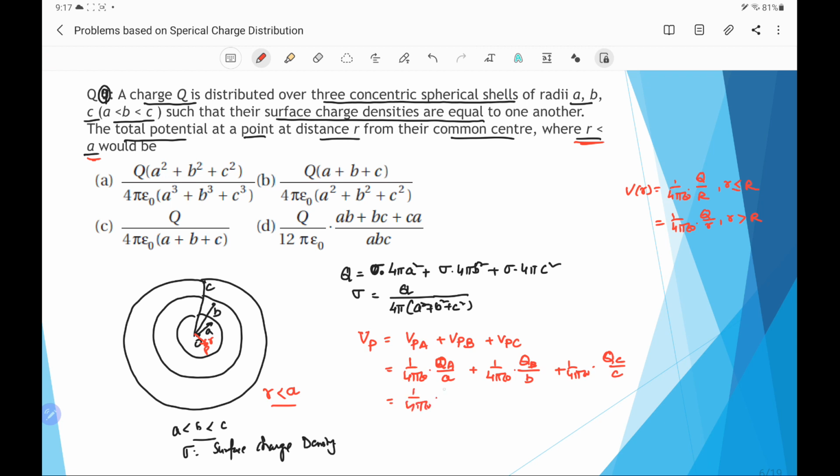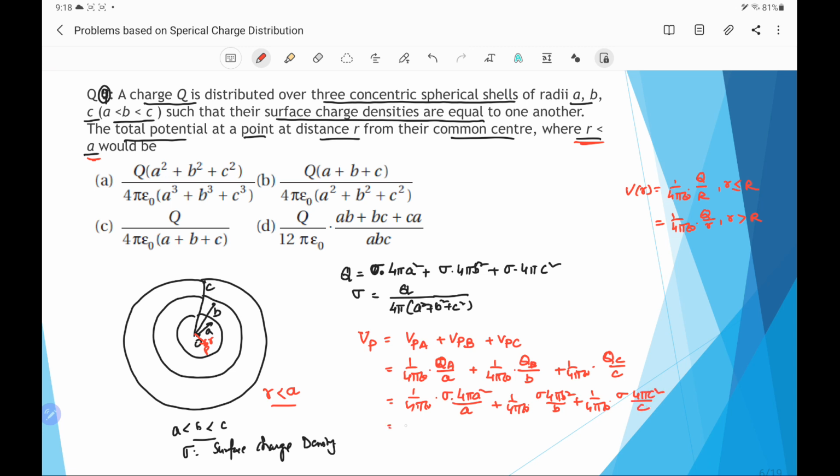QA is charge on the spherical shell A, and it is the surface charge density sigma, and surface area is 4 pi A square divided by A, plus 1 by 4 pi epsilon naught sigma 4 pi B square by B, plus 1 by 4 pi epsilon naught sigma 4 pi C square by C.